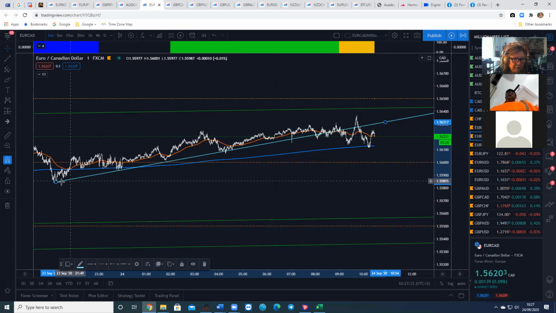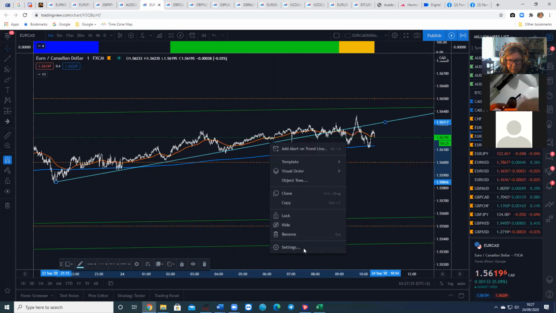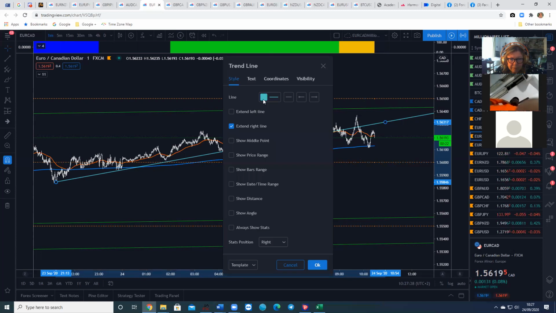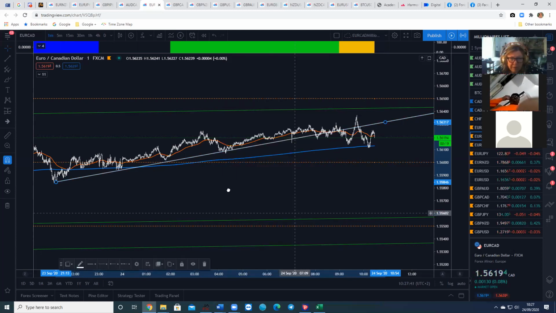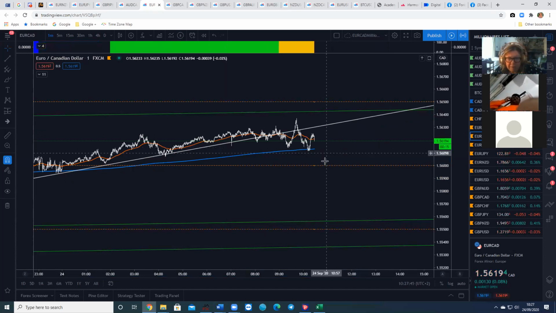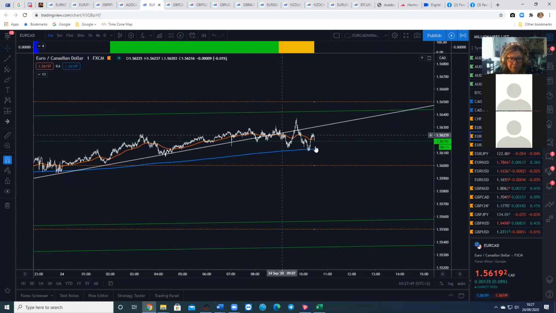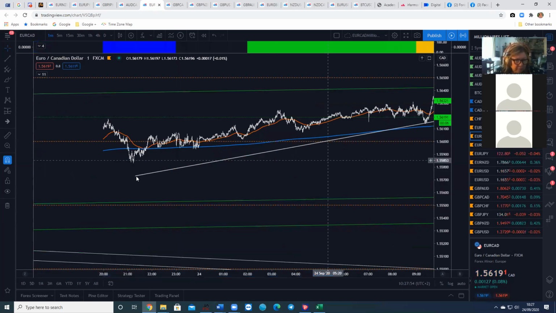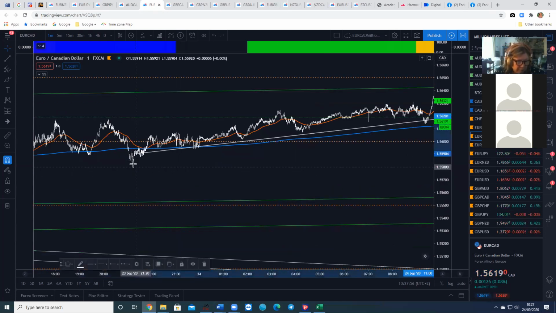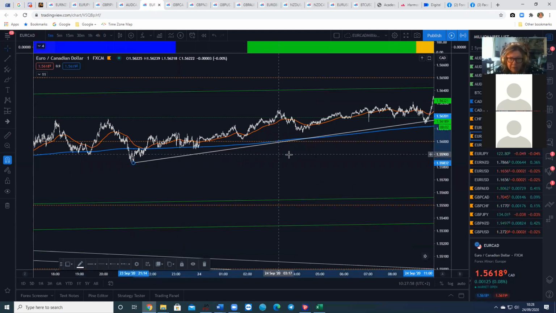So if you draw it tighter on, just put it in white, then you can see it's broken that trend and it's saying it's going to come down. So I'm now thinking it probably wants to come down. I could draw that as a wider trend. Oh, I think I've just slipped off my way I was drawing it.